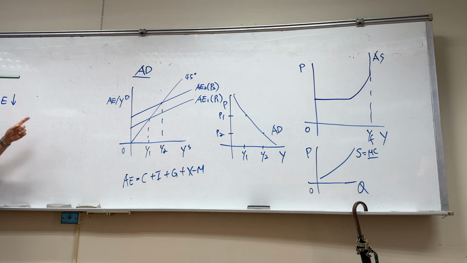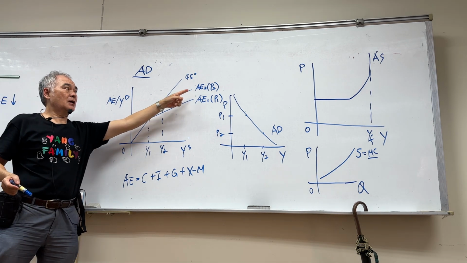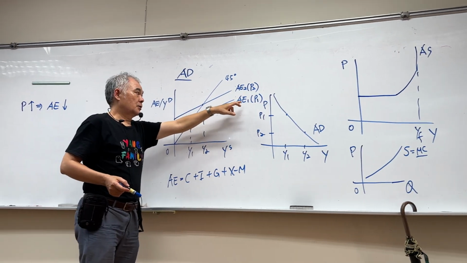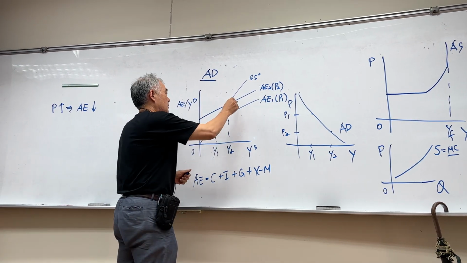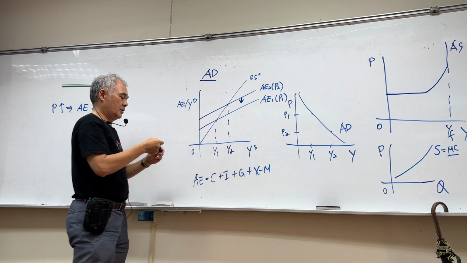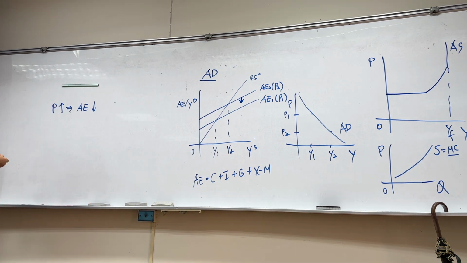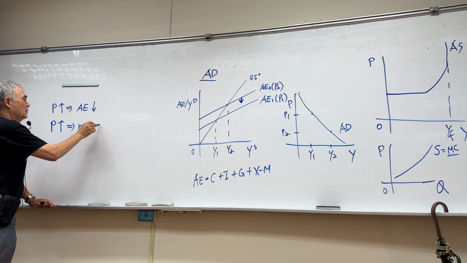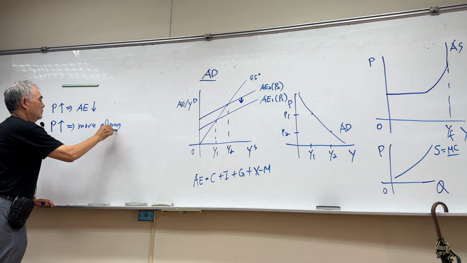Here P2 is lower, P1 is higher, it's going to shift this curve, okay? But if P goes up, it moves along the AD curve.